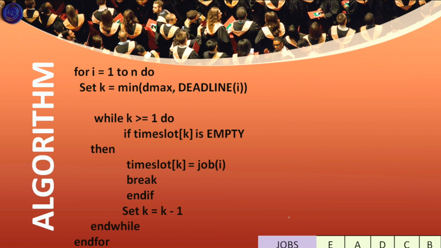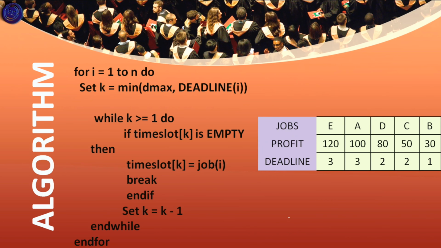Now let us discuss the algorithm. Here I take a for loop which is used to represent the jobs. Initially the jobs are arranged in decreasing order. Set K equal to min of Dmax and deadline. In the previous example the deadline was 3 hours, and Dmax is the maximum deadline, so Dmax is 3 hours.